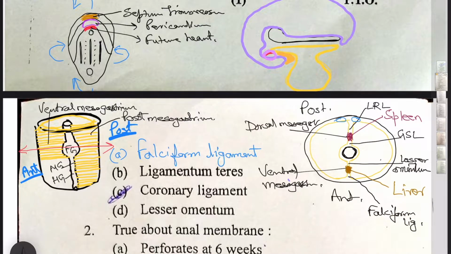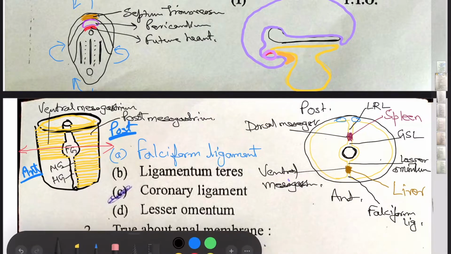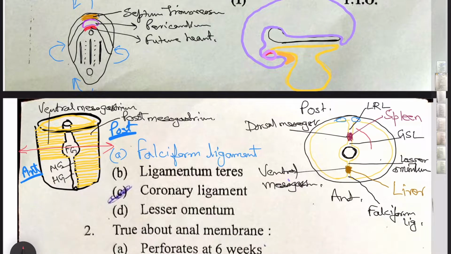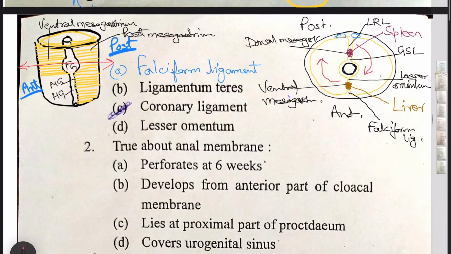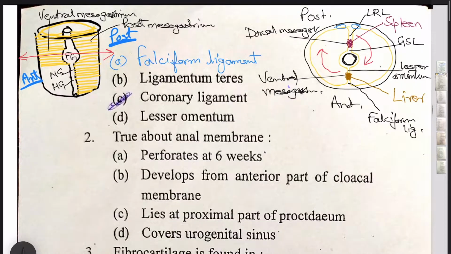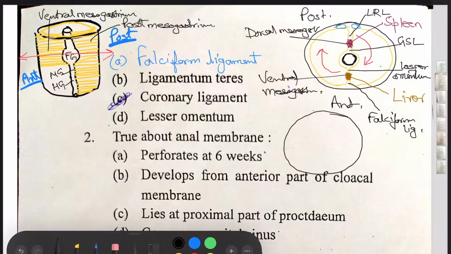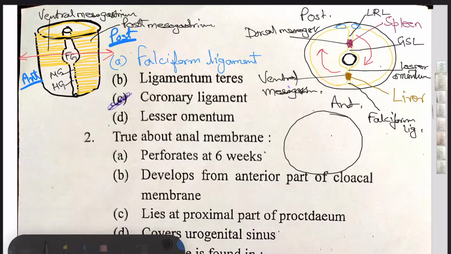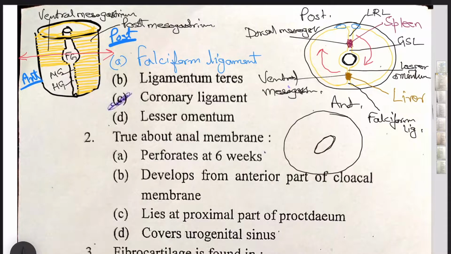Okay. Now what happens later on is that there is this rotation. This rotation happens like this. So for the further rotation, this stomach is placed here like this now, right?